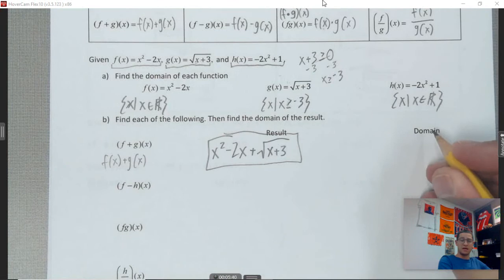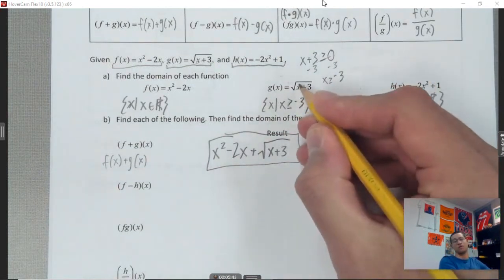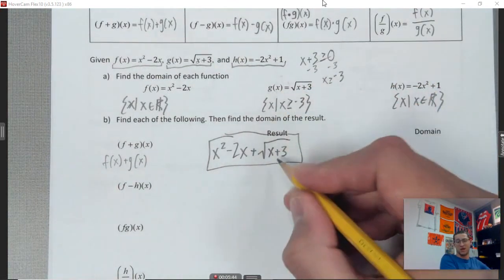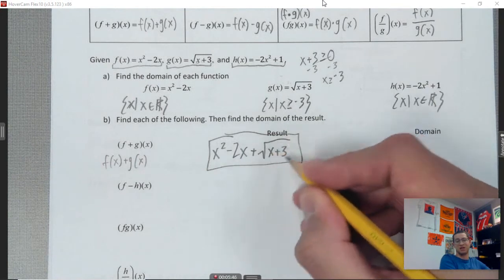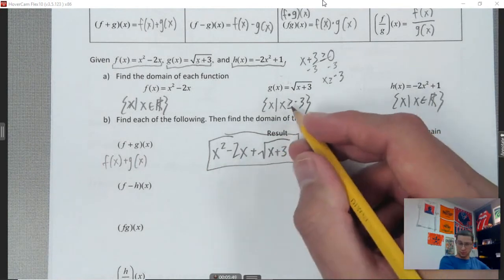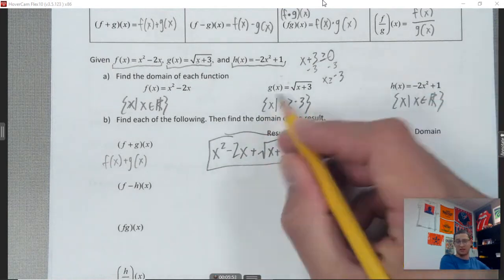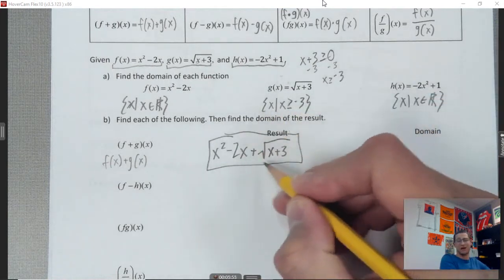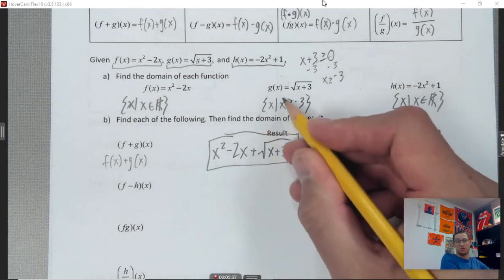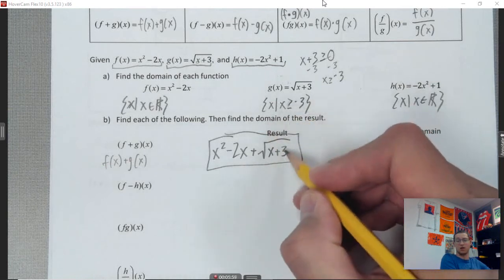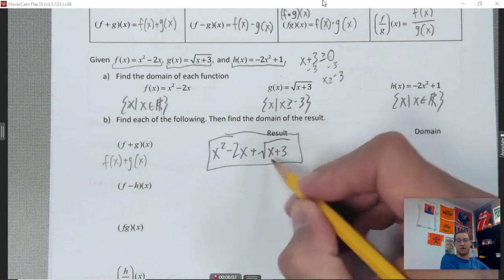Now for the domain, since we have this square root of x plus 3, okay, we can't plug in anything that makes it negative, so our domain remains as this, right? I can't have a negative value in here, and so these values of x will give me something that's greater than a negative value, okay?